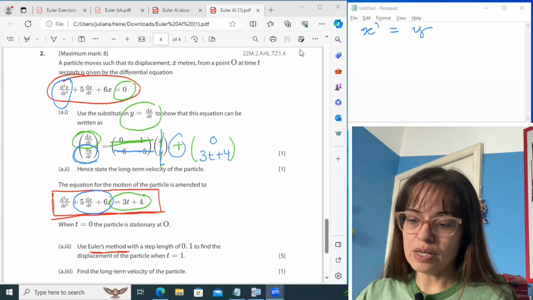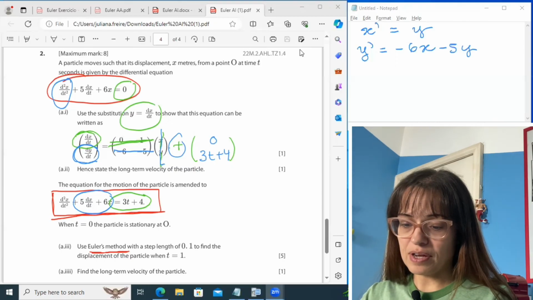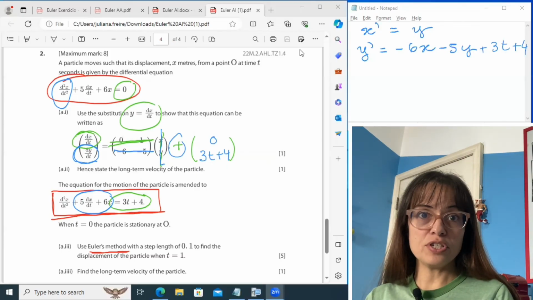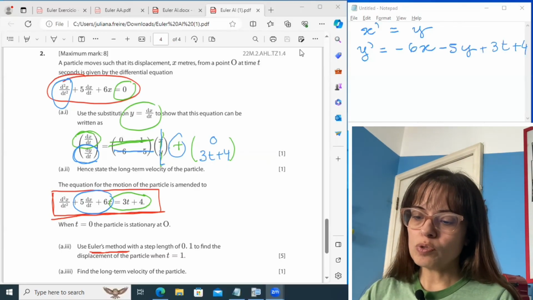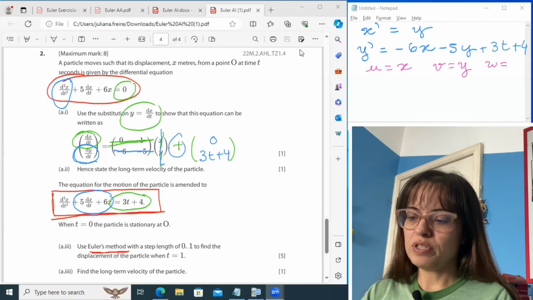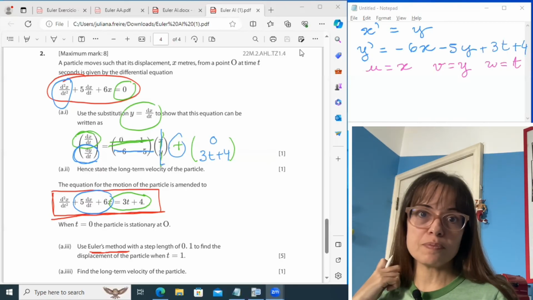And the second line is telling us that y prime is equal to minus 6x minus 5y plus 3t plus 4. So again, we have 3 letters here to use in the calculator. So let's say u is going to be x, v is going to be y, and w is going to be t. I think that is the most similar to how we used it in the previous problem.